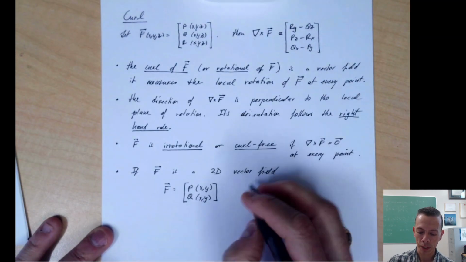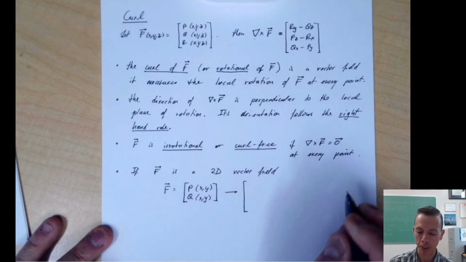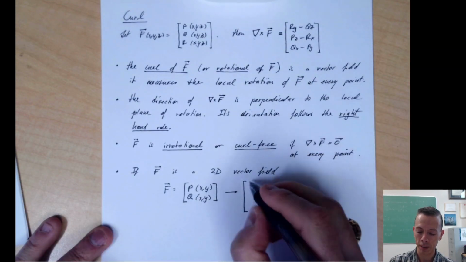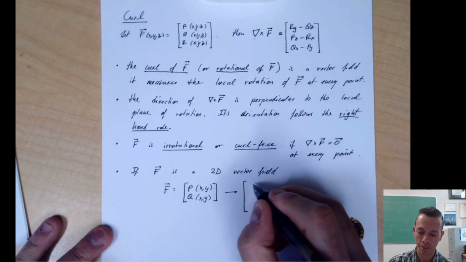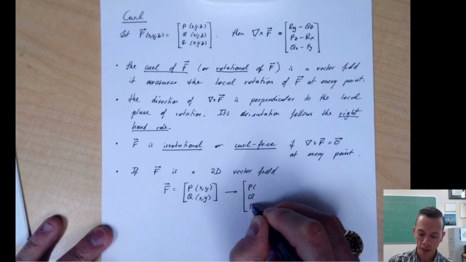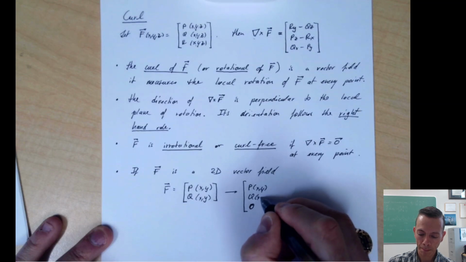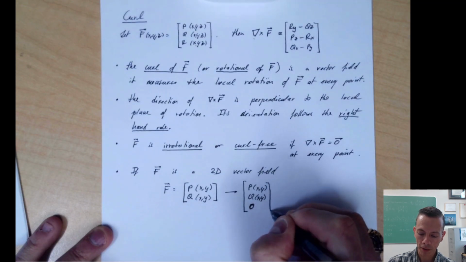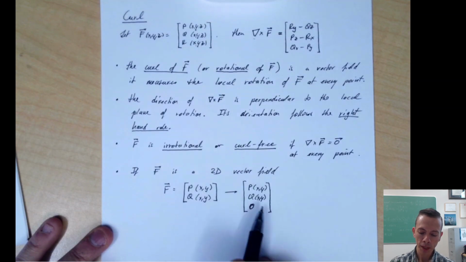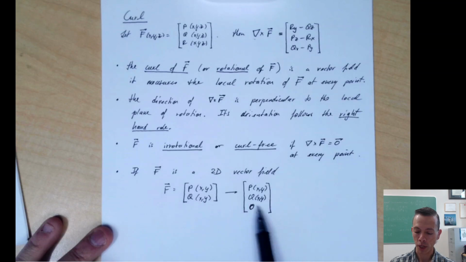So in this case, we can embed this two-dimensional vector field into three-dimensional space, just considering the xy plane to be the xy plane in the xyz coordinate system, which means we can just add a third component and make it 0 to obtain this three-dimensional vector field. Because R is 0, then Rx and Ry will also be 0.